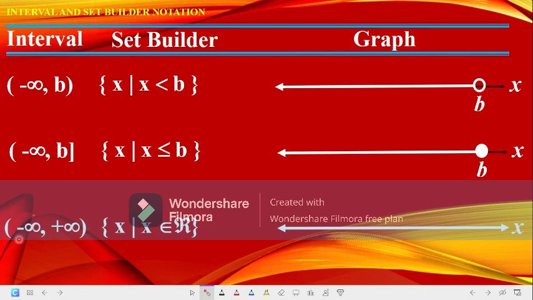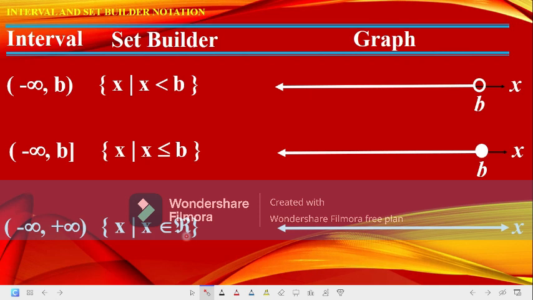We have negative infinity, comma, positive infinity. So we have here the set of all x's such that x is an element of real numbers. Again, the set of all x's such that x is an element of real numbers.